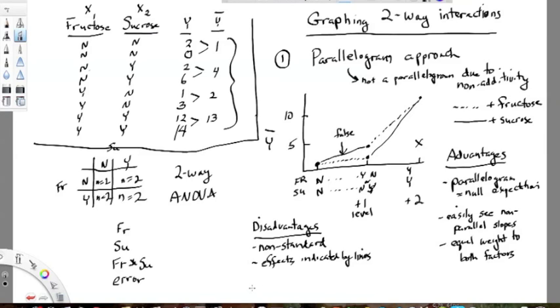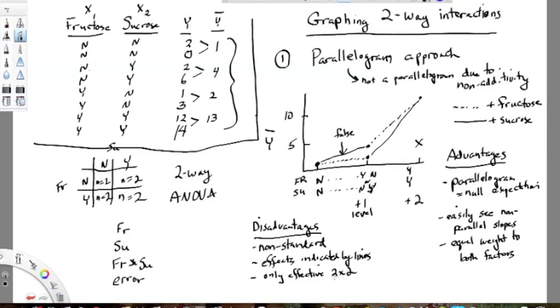Okay. The other disadvantage of this kind of approach is it's really only effective as a way of showing results when you have very simple designs like a 2x2. You can actually draw these for three-way factorials, and then it becomes even more complicated to explain.